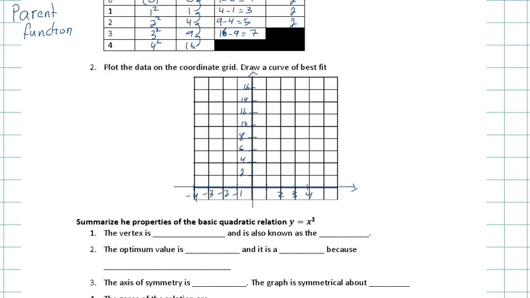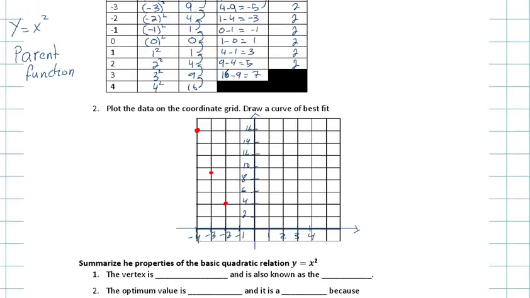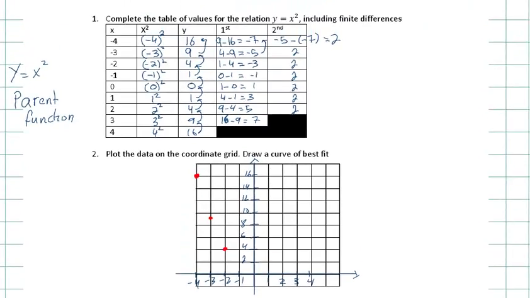So I have -4, 16, -3, 9, -2, 4. You guys know where I'm getting these points from? From the table, that's right. So -4, 16, right? -3, 9. -3 is the x value, 9 is the y value. Are we okay with that?